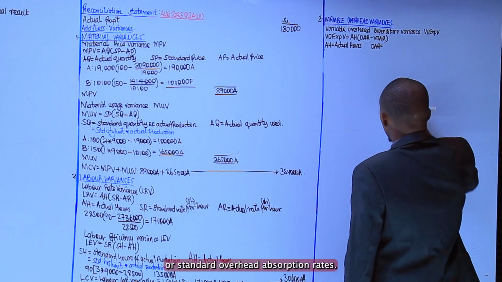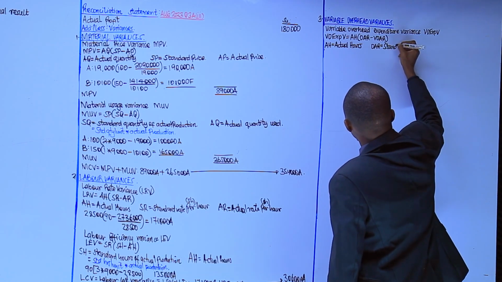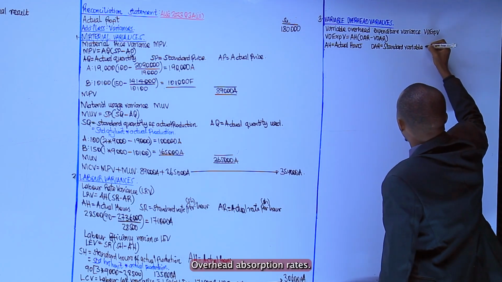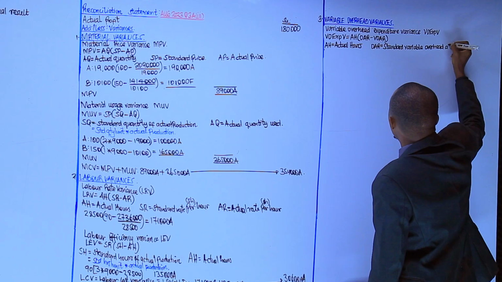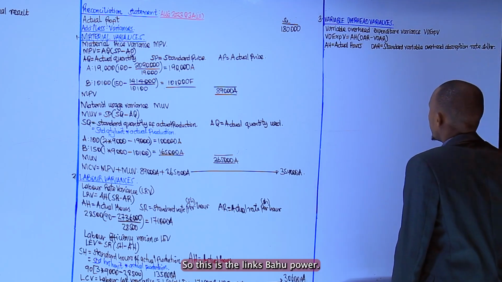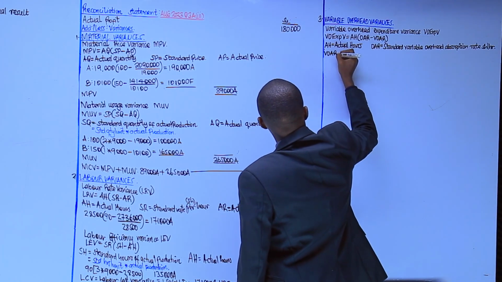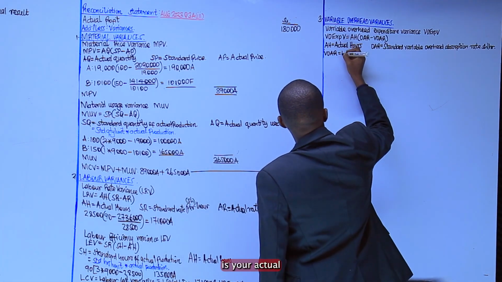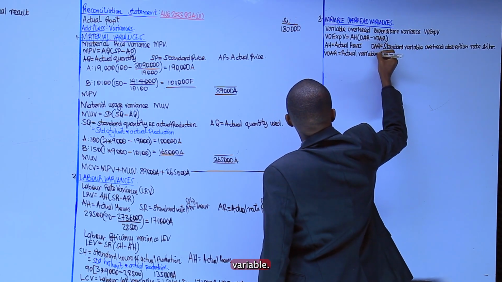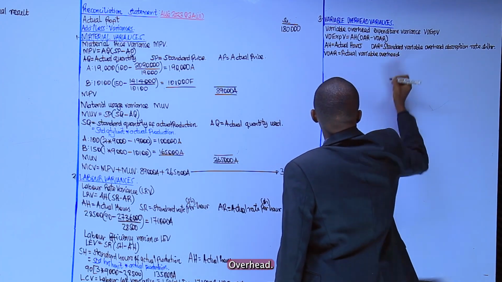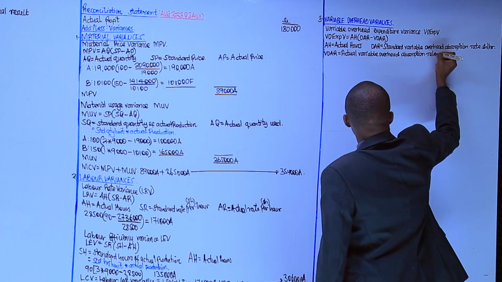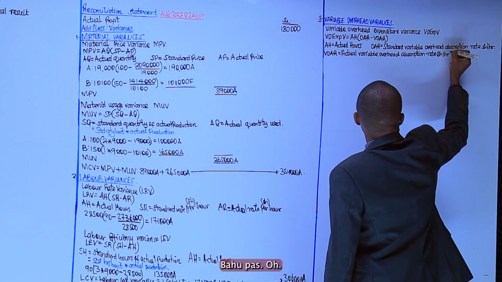OAR is your budgeted or standard variable overhead absorption rate, so this is in shillings per hour. This is your actual variable overhead absorption rate, which is also in shillings per hour.